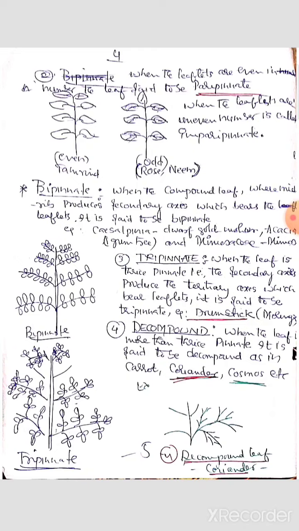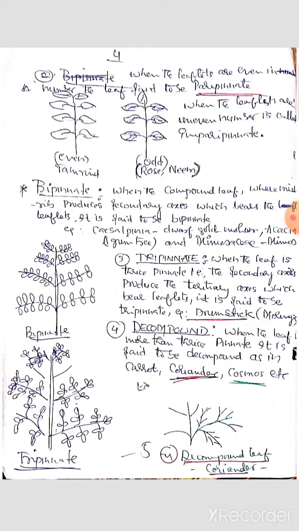Bipinnate. When the compound leaf midrib produces secondary axes which bear the leaflets, it is said to be bipinnate. That means the rachis doesn't produce leaflets directly. It produces secondary rachis, upon which leaflets are borne.